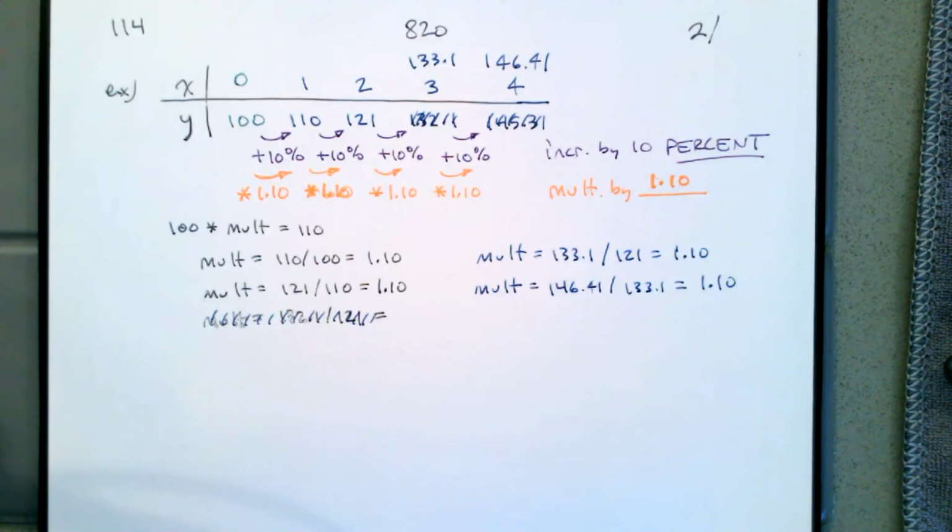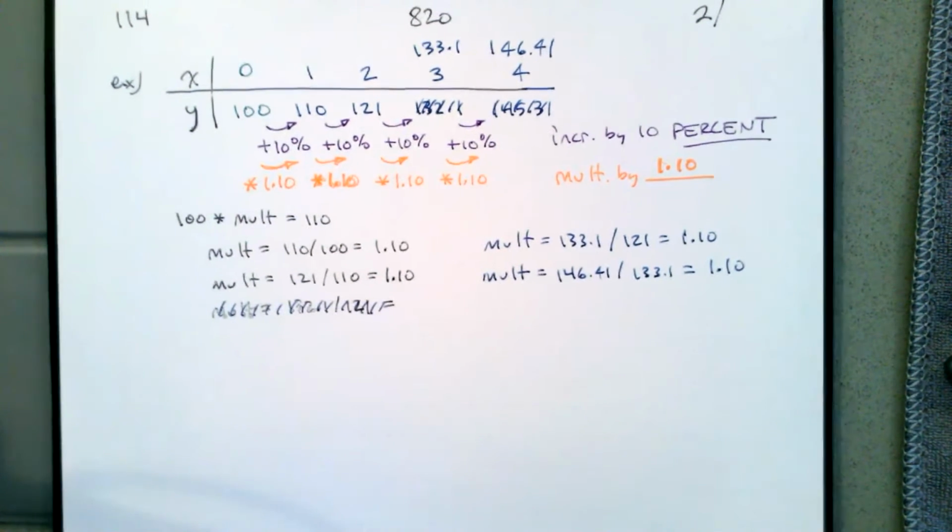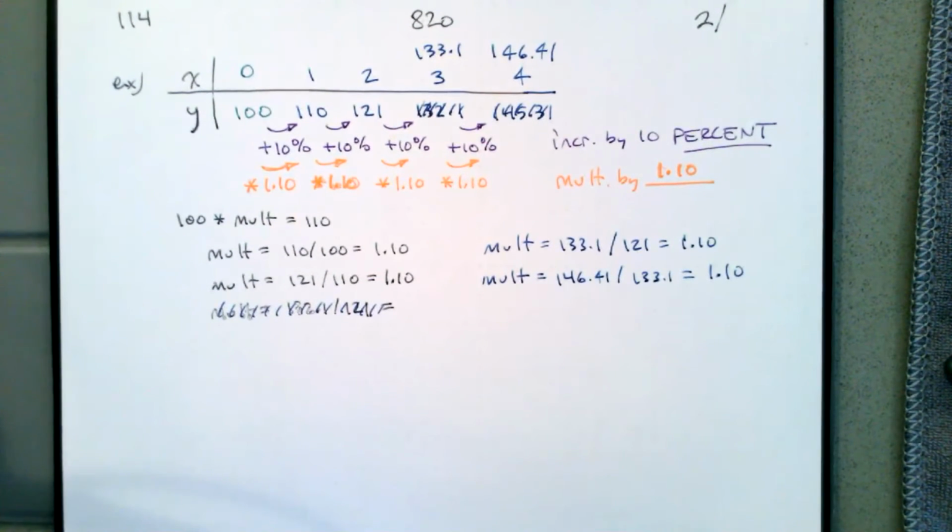So when we see something is increasing by a percent, we can translate that into multiplication. In this case, we saw increasing by 10% led to a multiplier of 1.10. What we want to be able to do is translate increasing by a percent into multiply by a multiplier.